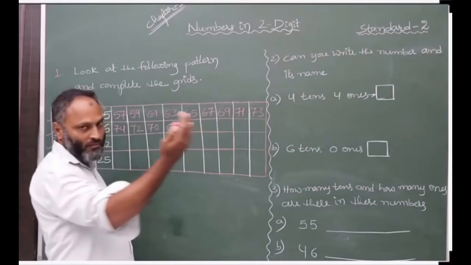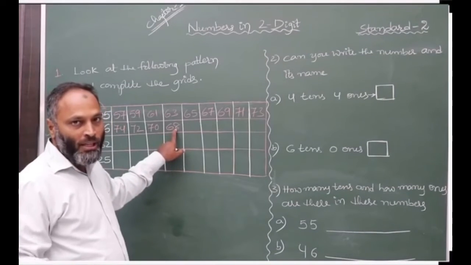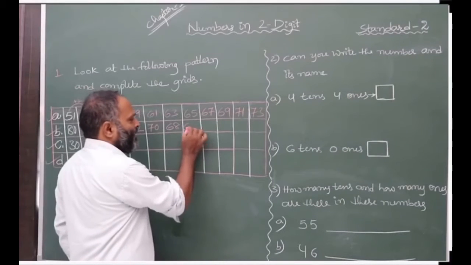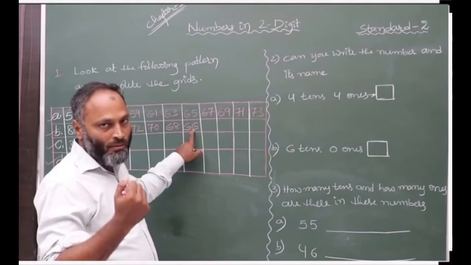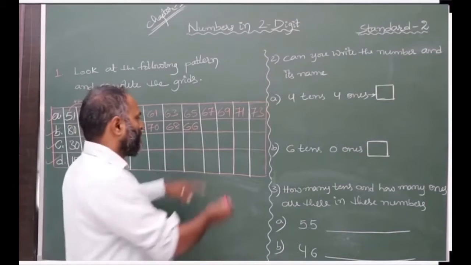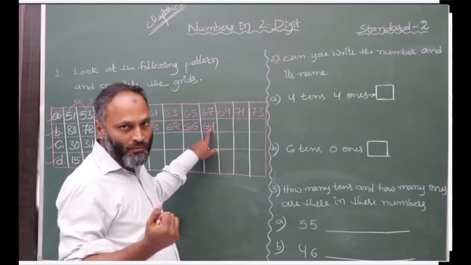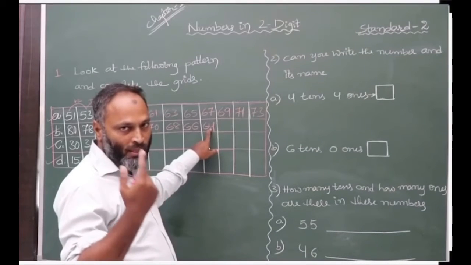Back counting. So 68. After decreasing 68 by 2, we get 67, 66. Here 66, after decreasing 2, that is back counting. So 65, 64. After decreasing 2 from 64, we get 63 and 62.